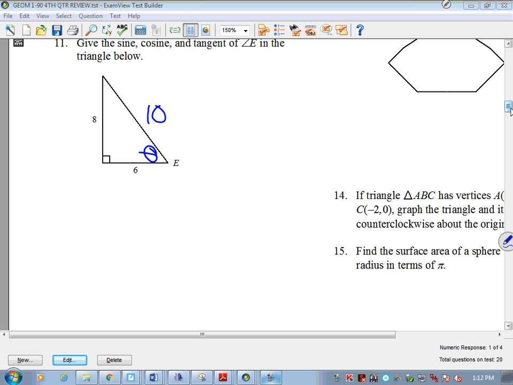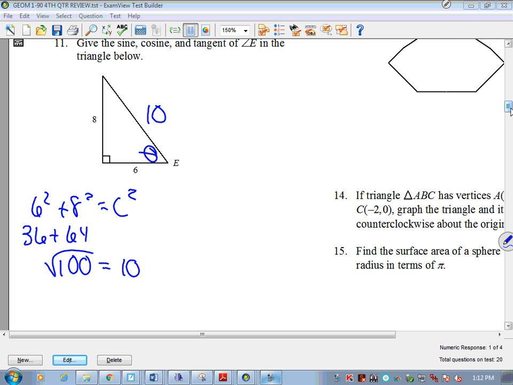If you couldn't remember that, that's fine, because we could do 6 squared plus 8 squared equals c squared. We get 36 plus 64 is 100, and the square root of 100 is 10. We're going to use the Pythagorean theorem to find that side. So on sine, what is sine?